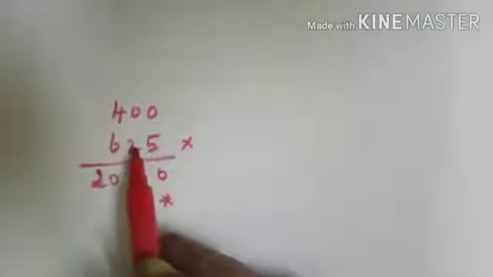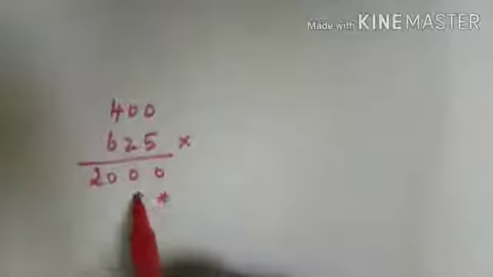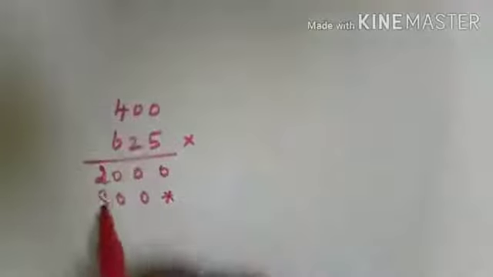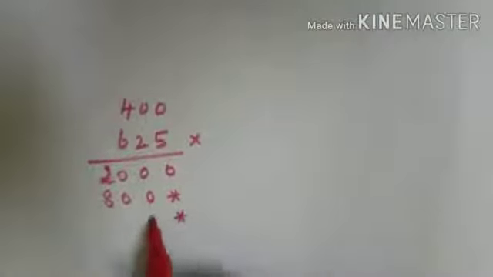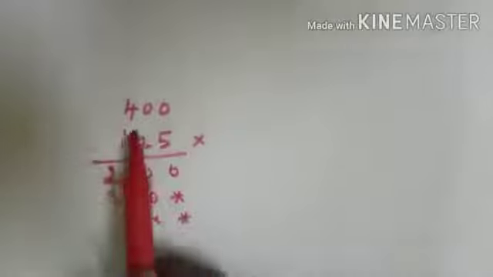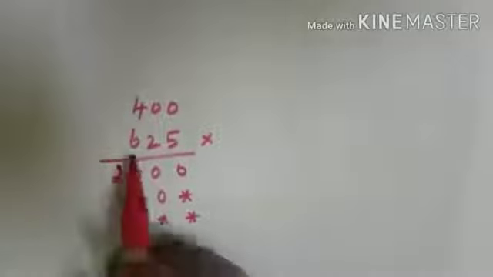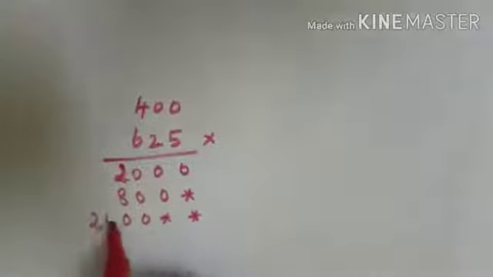Next we are going to multiply it with 2. 0 2s are 0. 0 2s are 0. And 4 2s are 8. Next we are putting stars. Here also star. 0 into 6, 0. 0 into 6, 0. 4 6s are 24.